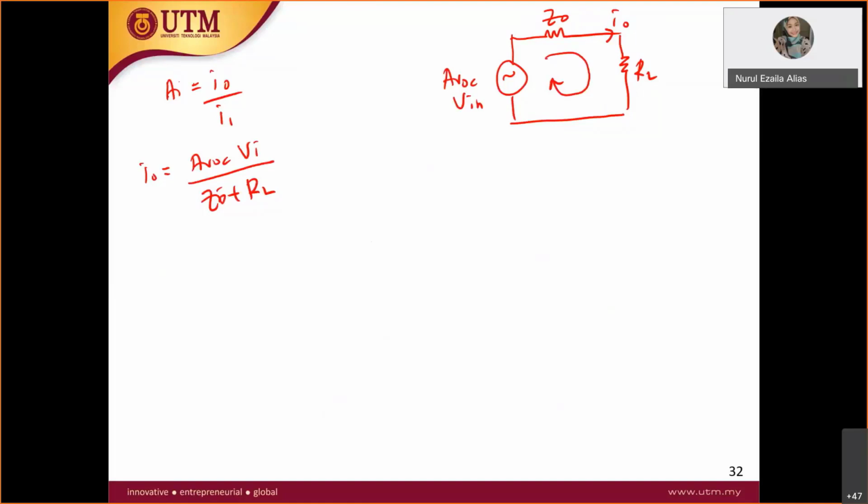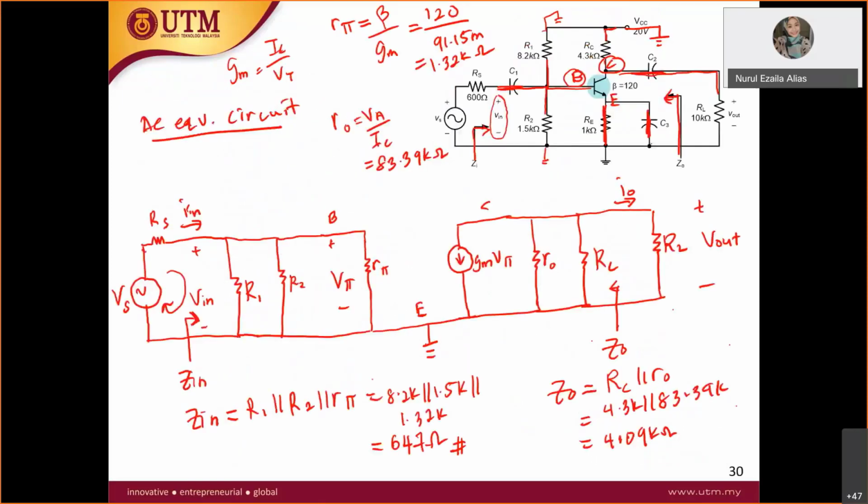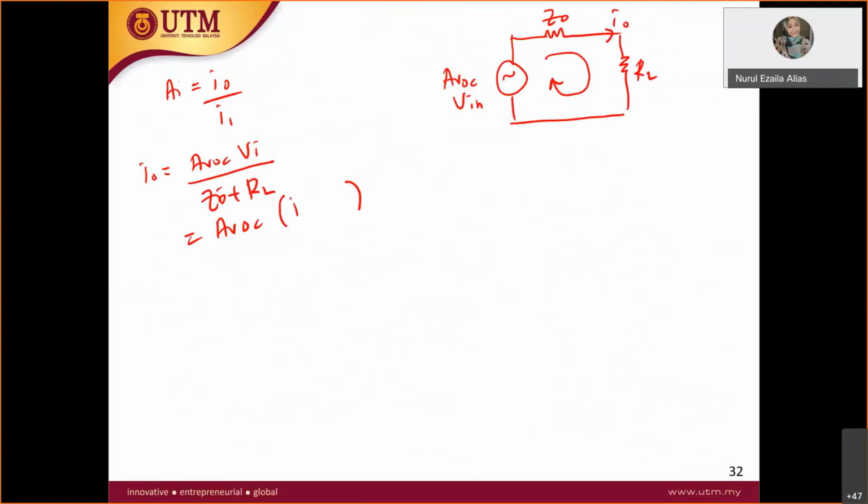Now we don't have the I in yet, so you write it again. V in is equal to what? If we take a look here, can I say that V in is equal to I in Z in? Yes. So it is equal to I in Z in over Z out plus RL. Now you have your I in equation here.